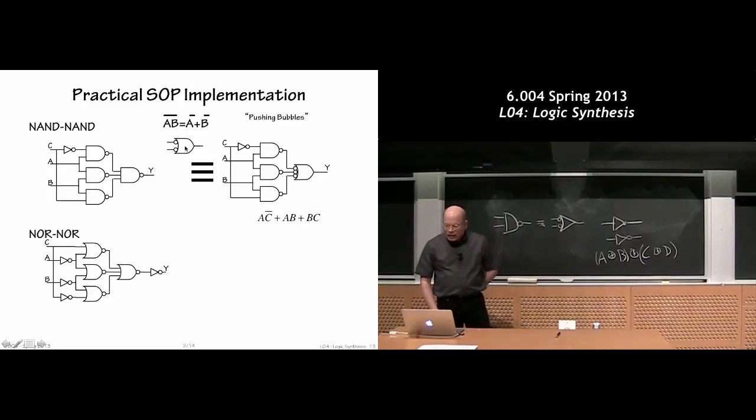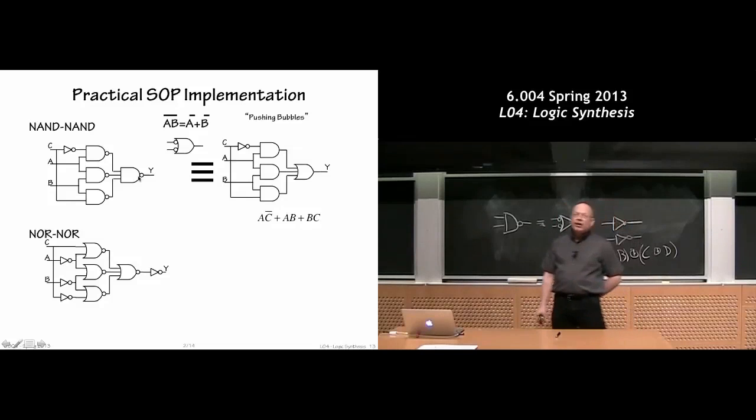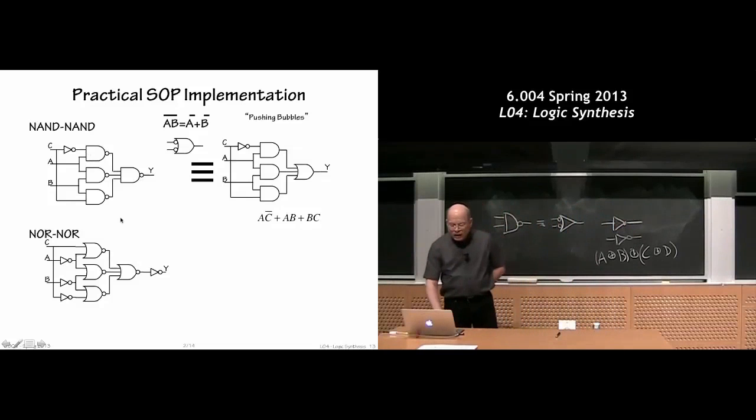If I take this diagram, you can see I've redrawn that 3-input NAND gate as a 3-input OR gate with inverting inputs using De Morgan's law. Then I notice I can match up these bubbles. An inversion on the output and an inversion on the input go away. Now I have my sum of products representation, but I've built it out of NAND to NAND. So if you're dealing with sum of products, you can do it all with very simple inverting logic, NAND-NAND.